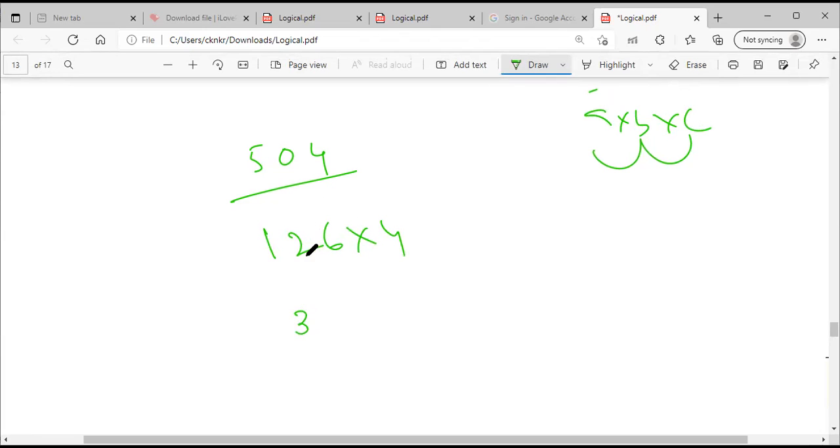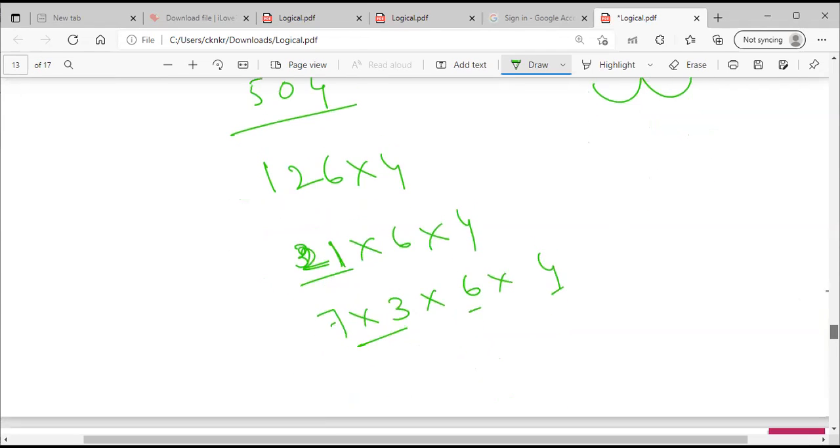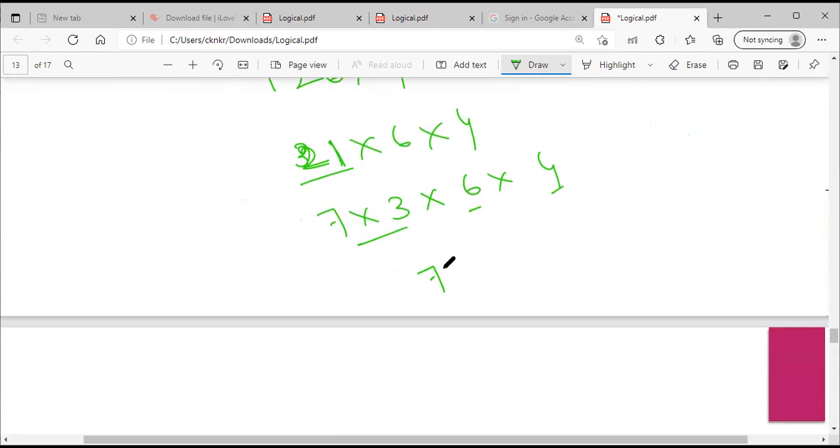Let's divide by 6 first of all. This is 21 into 6 into 4. Excellent. This 21 can be written as 7 into 3, this is a 6, this is a 4. Anything else? Go for maximum splitting. 7 into 3, 3 into 2 into 4.